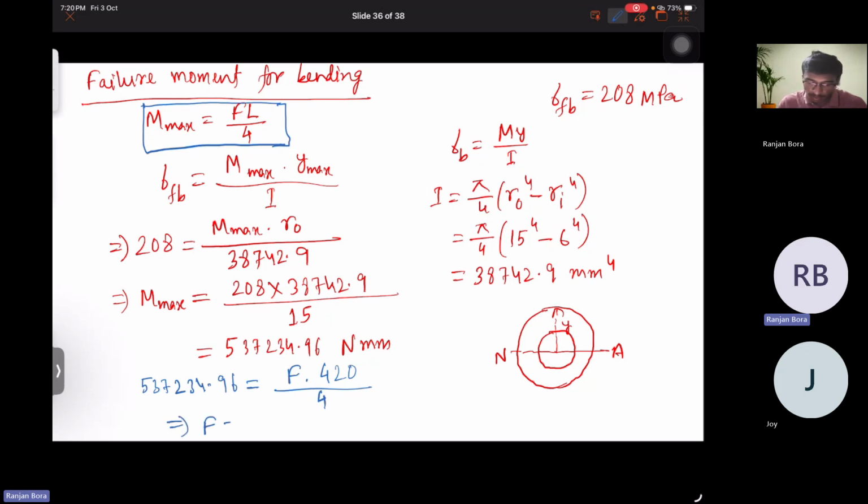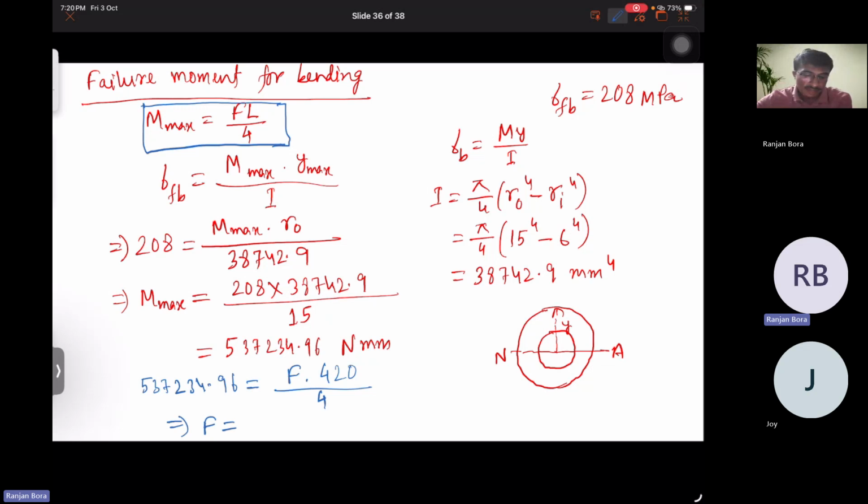From here, F will be equal to 5116.5 Newton. This is the maximum force which can be applied in this 3-point bending.